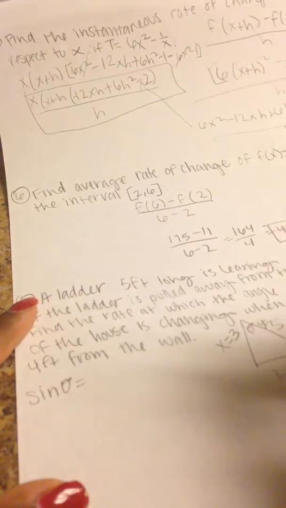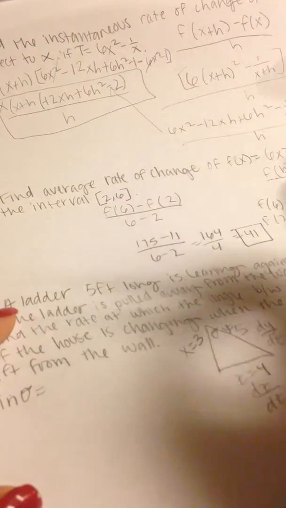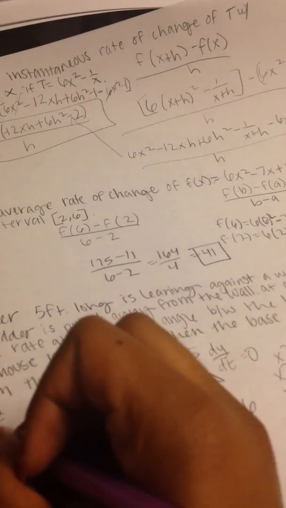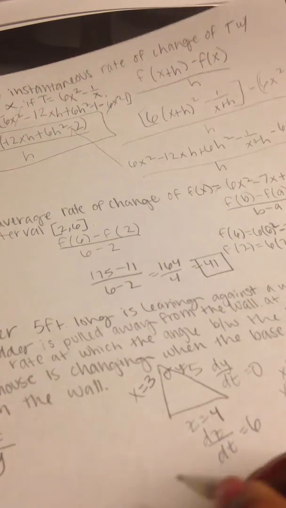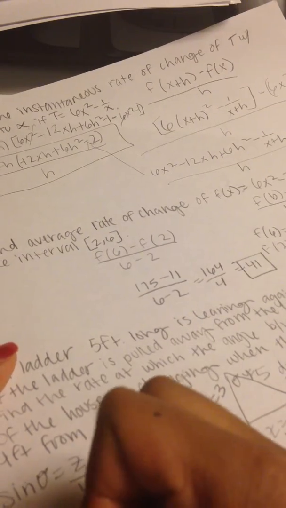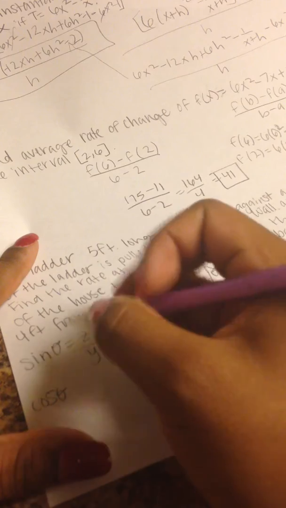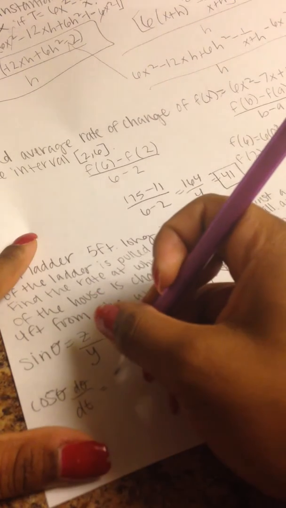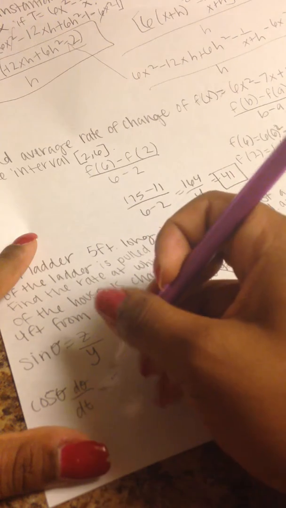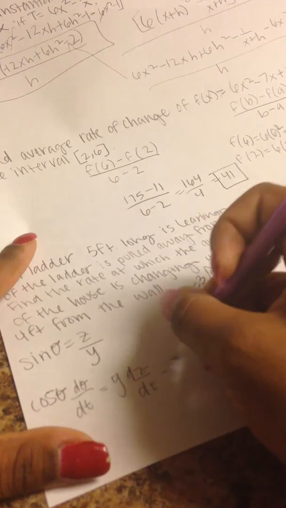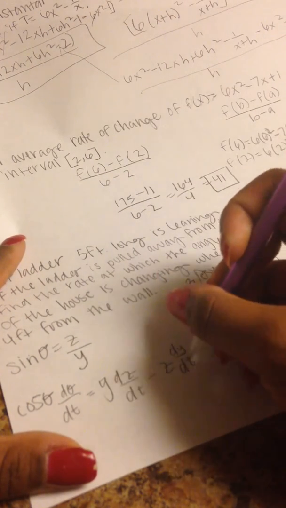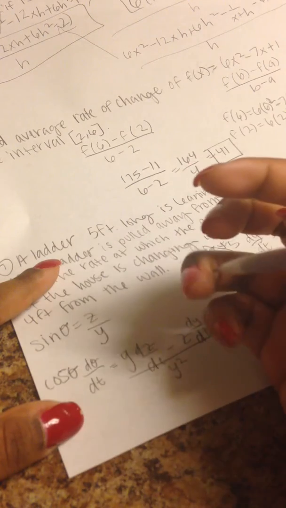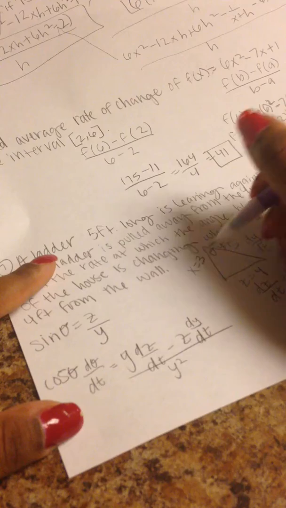Sine theta equals opposite, so z, over hypotenuse, which is y, and then I would take the derivative of that, which would be cosine theta d theta over dt equals y dz/dt minus z dy/dt over y squared. And then I'd substitute in, which would be cosine theta, adjacent over hypotenuse, which would be 3/5.